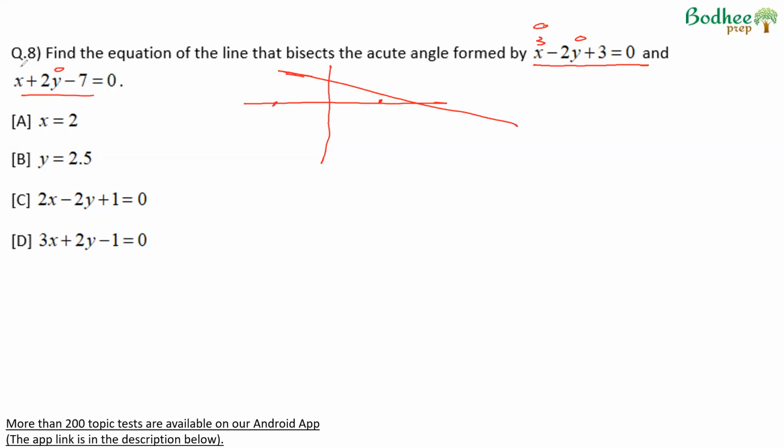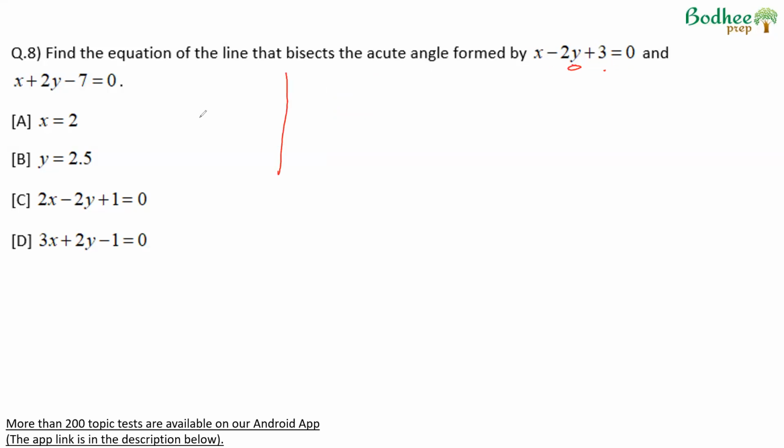Something like this. Looking at the other line, when y is 0, x will be 7.